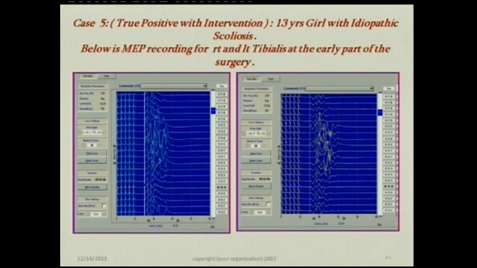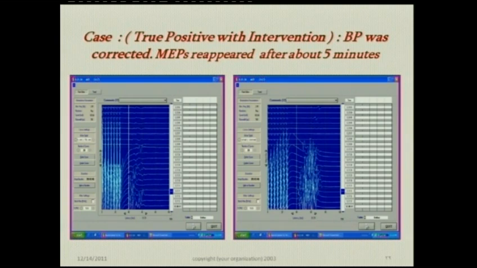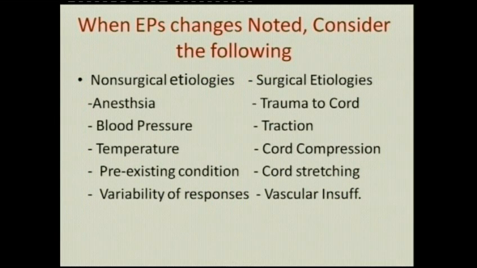Here is one of my patients I did in this hospital with Dr. Siddiqui. The potentials were quite good, and then suddenly disappeared. We went and found that the blood pressure had dropped to 46 systolic, diastolic not obtainable. On correction, it came back. So when there is a change in EP, you have to look at whether it is a non-surgical or a surgical etiology. Surgical, these are the causes.